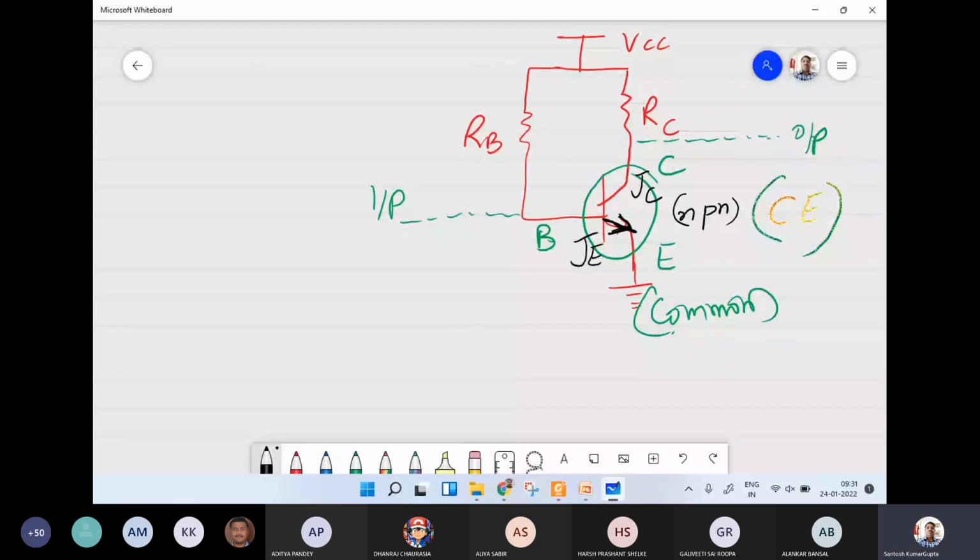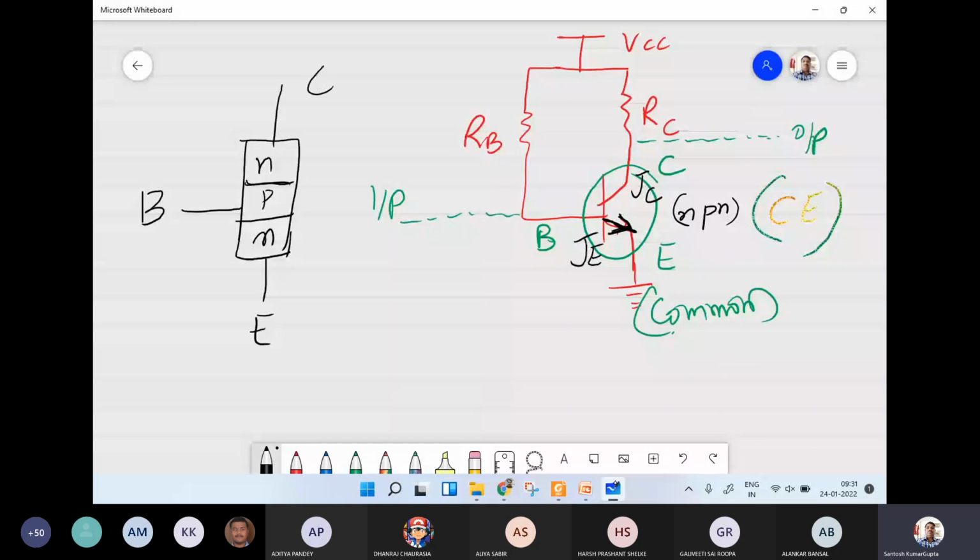Okay, so an NPN transistor is being used in the common emitter configuration. We can also see the cross-sectional view, just for illustration purposes, that the NPN transistor is like this here, and we are giving the input at the base, the emitter is common, and we are taking the output at the collector.